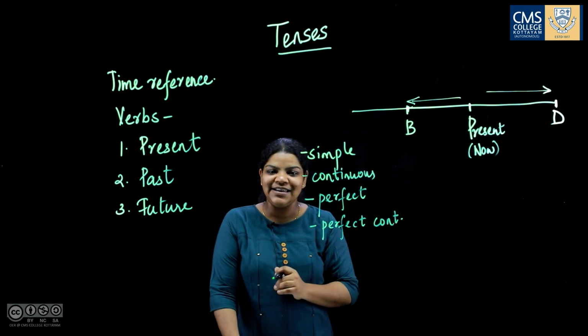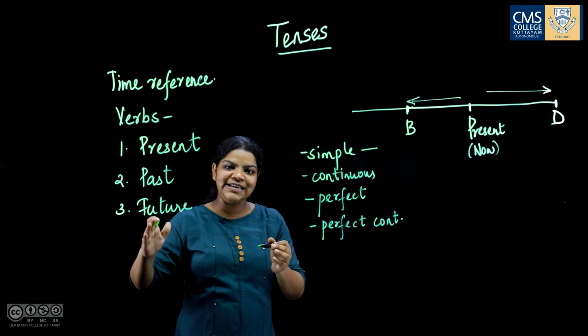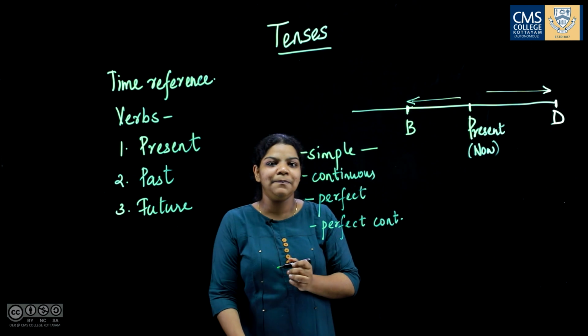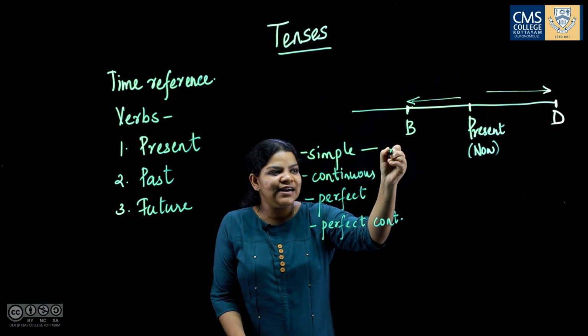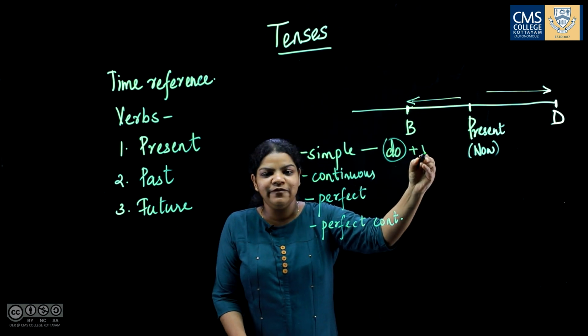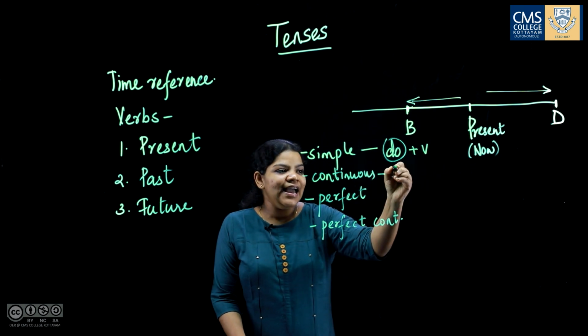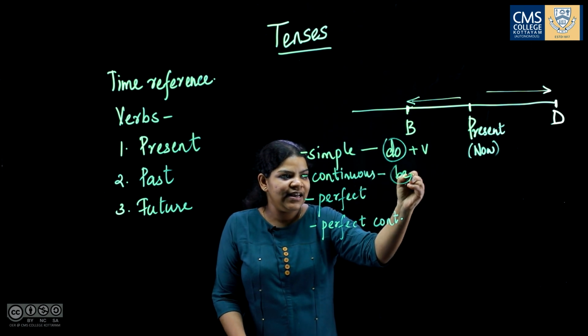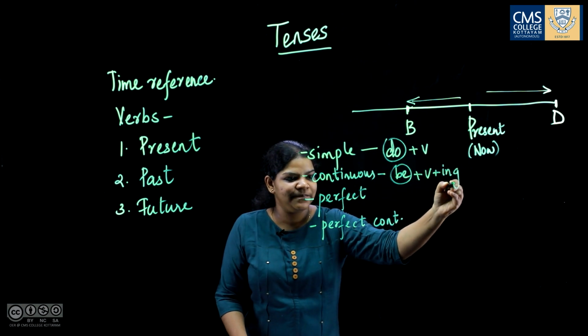Now, it's easy to understand this because a simple form of any of these tenses, at least the present and the past tense, simple form of the present or the past tense would take a form of do along with the verb. Continuous form would take any form of be along with verb plus ing.